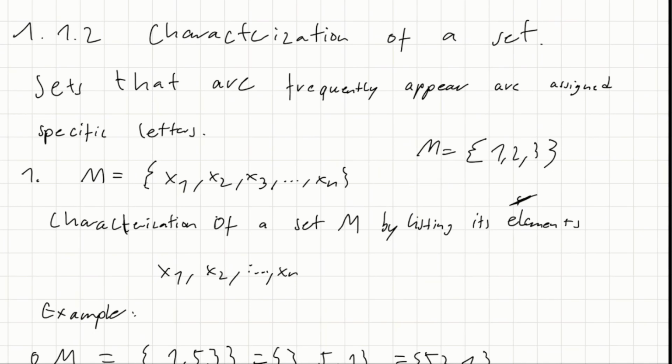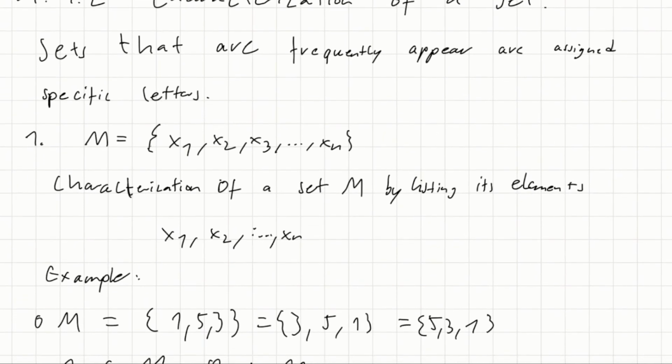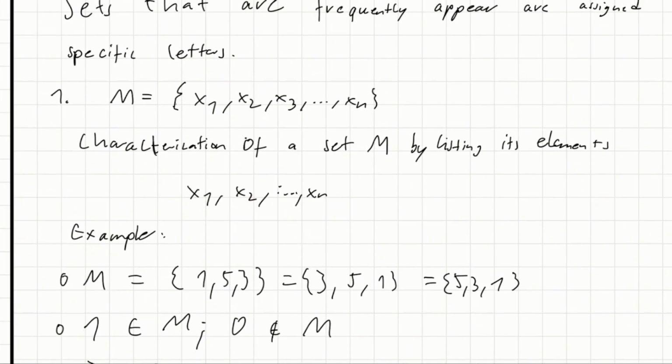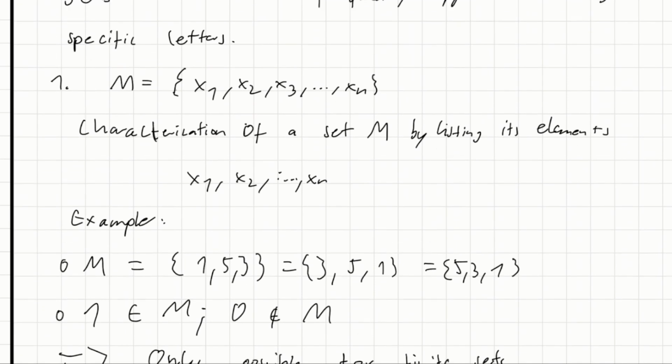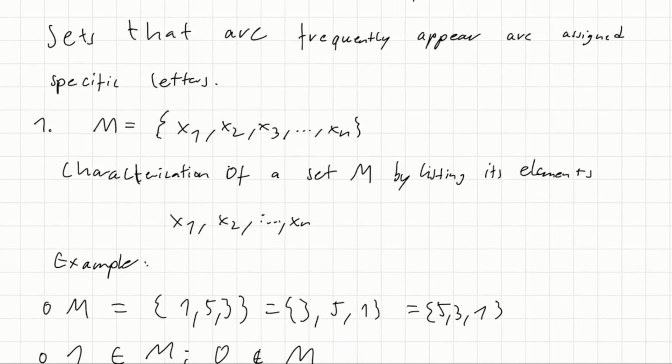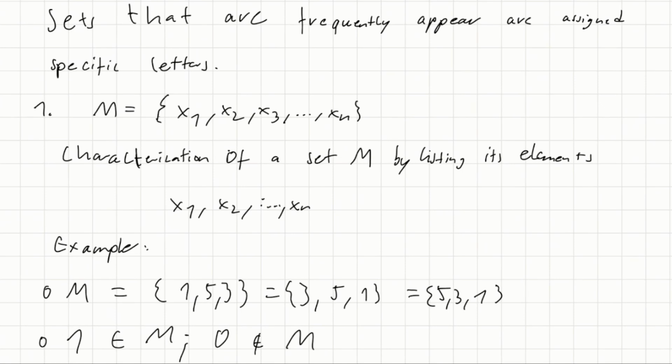This would be a bit better, but I think the idea is clear. So, characterization of a set by listing its elements. Example: M is defined as {1, 5, 3}. Then it's the same thing as {3, 5, 1}, so you can swap the elements. In sets, this stays the same.